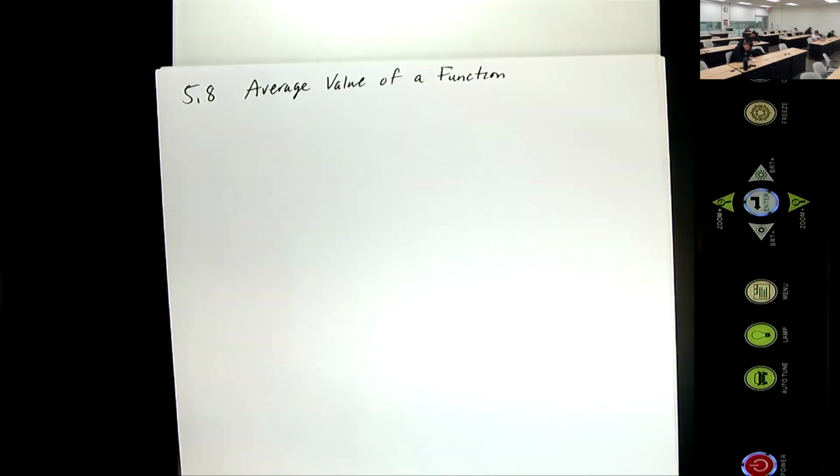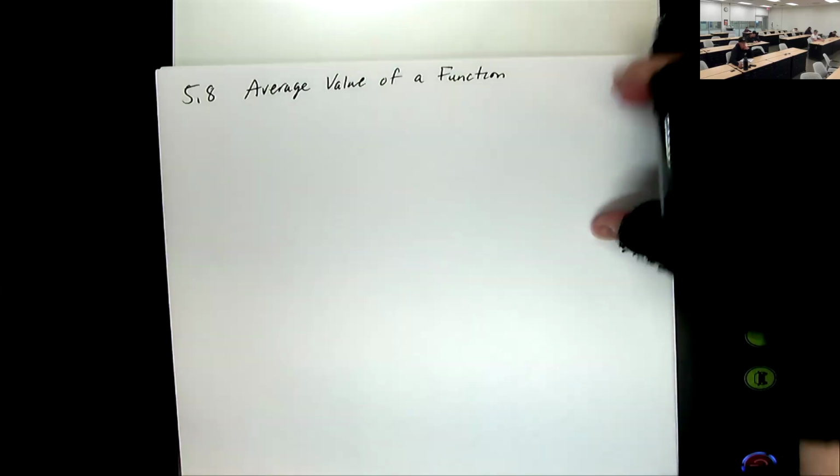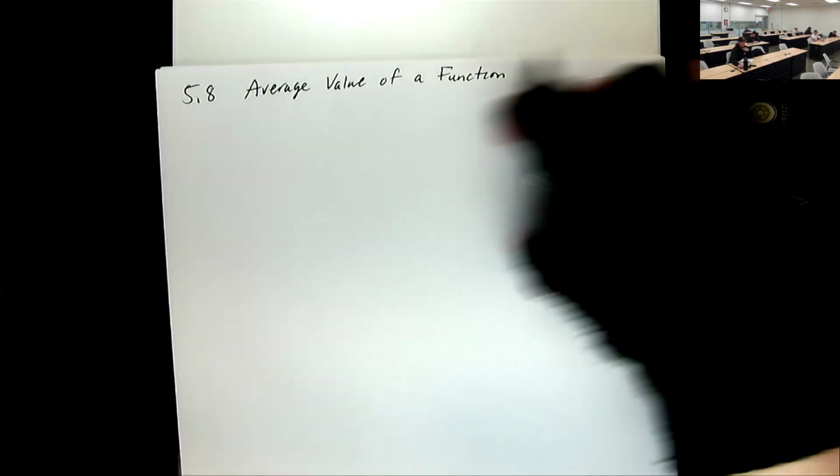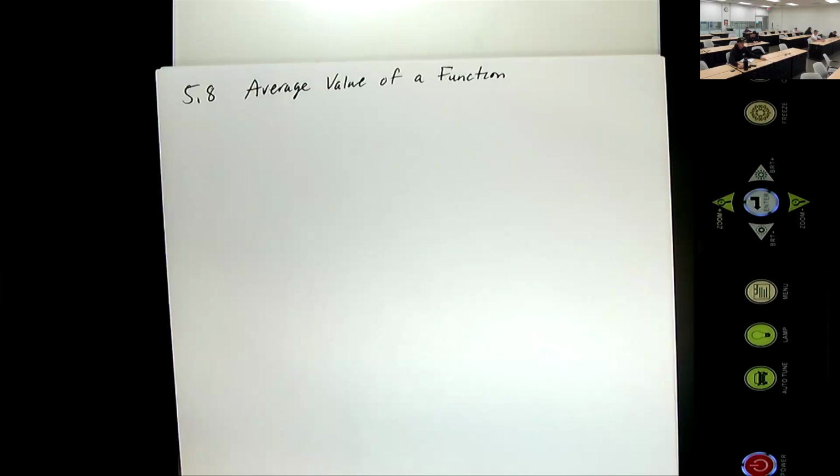As part of our arguments, I don't know why 5.8 is after those, because it was used in it. Remember we were doing the mean value theorem for intervals, and we showed the top value and the smaller value, and we said there's an average in between. That's what this is.